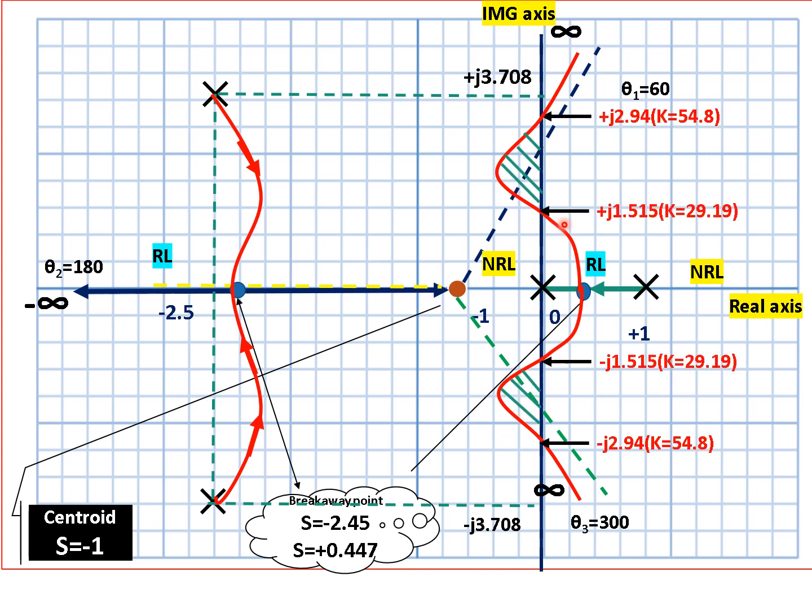We have found out the crossing points. The first one was when K is equal to 29.19, which is less than 80, the line crosses the imaginary axis. That is a condition for marginal stability, and the value was plus j 1.515. And as it moves along, it crosses the imaginary axis once more, at K is equal to 54.8, and the value was plus j 2.94.